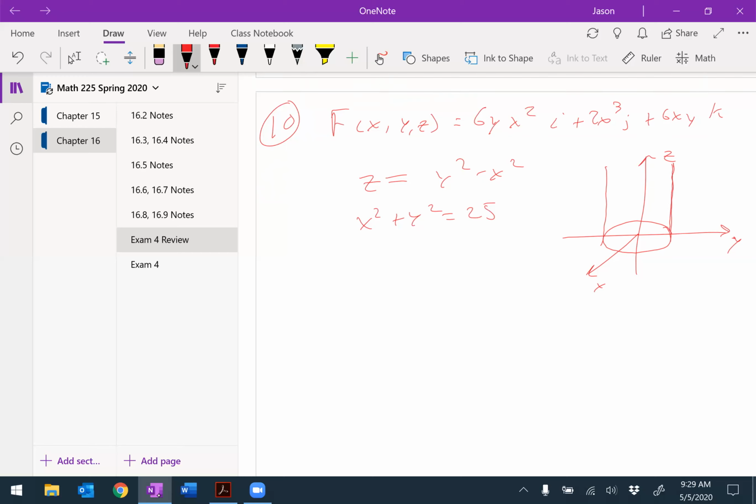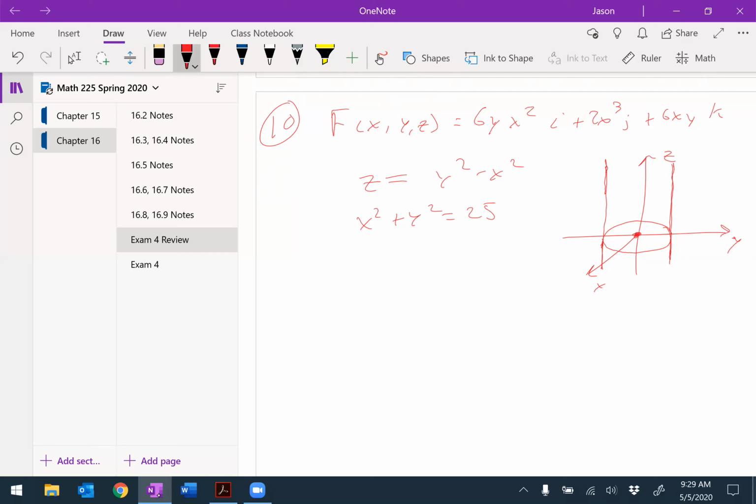This is going to go in both directions forever. Then the hyperbolic paraboloid: if y and x are 0, then z is 0, so I would get 0, 0 there. That's where it starts, and then z gets bigger as y gets larger.